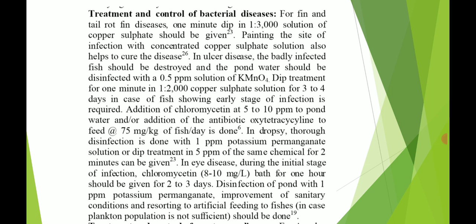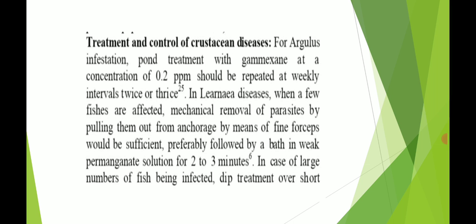Now the treatment and control of crustacean diseases. For Argulosis infestation, pond treatment with Gammexane at a concentration of 0.2 ppm should be repeated at weekly intervals, twice or thrice.